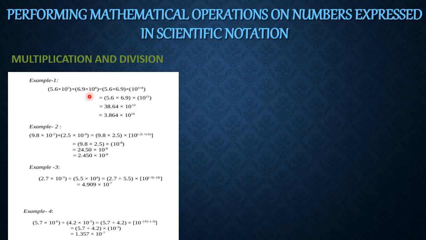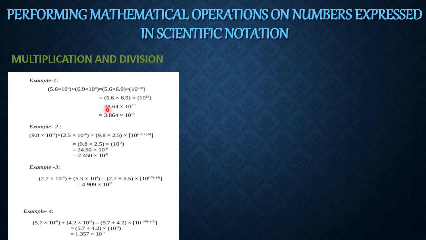That is equal to 5.6 into 6.9, multiplied separately, and the powers of 10 are multiplied using the law of indices. According to the law of indices, 10 to the power 5 plus 8 becomes 10 to the power 13.